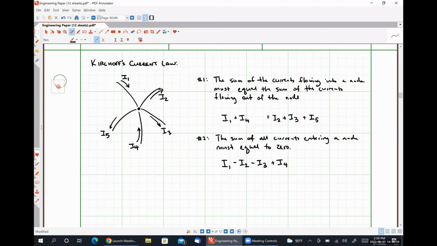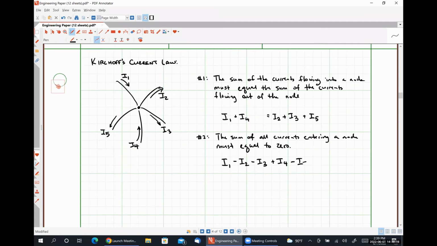And a current of negative I5 is entering the node, so we have minus I5. And we set this equal to 0. It's literally the exact same expression as we got for formulation number 1, except that we moved everything from the right-hand side of the equal sign over to the left-hand side.